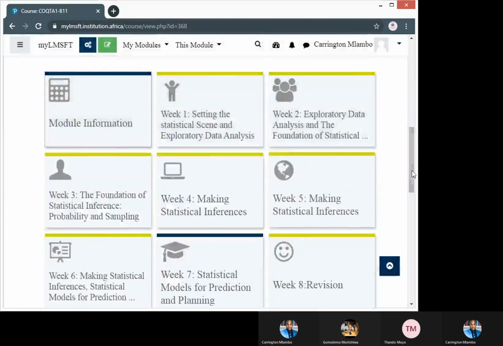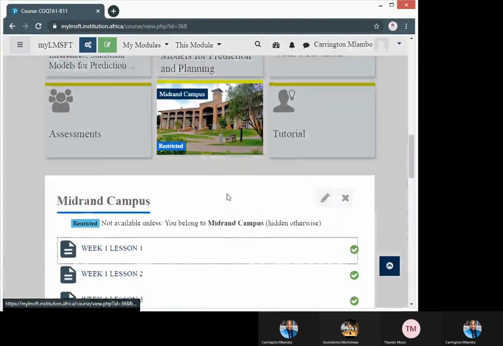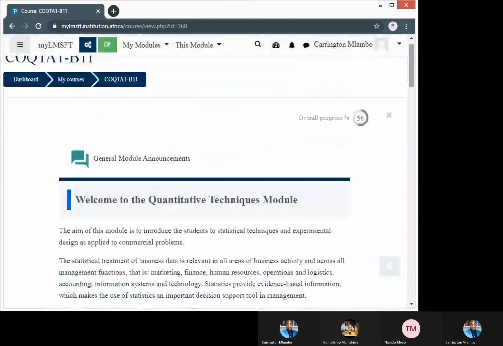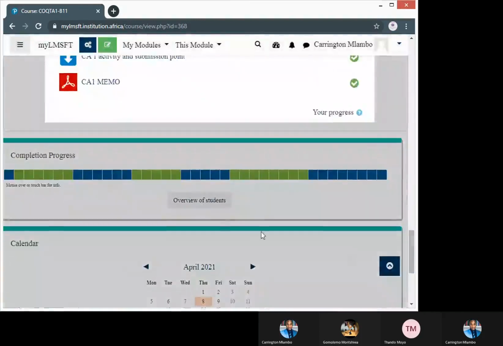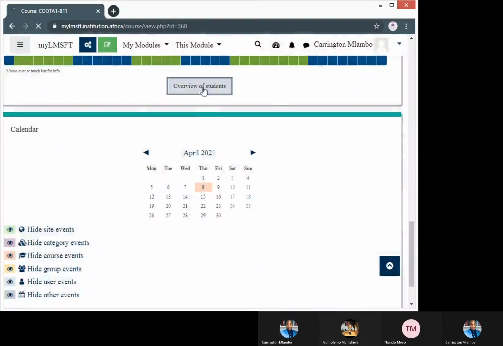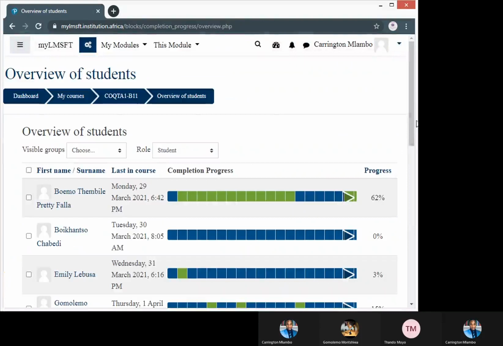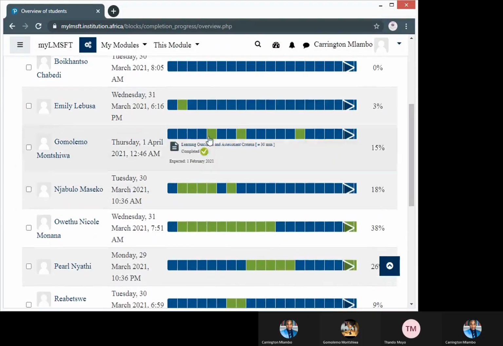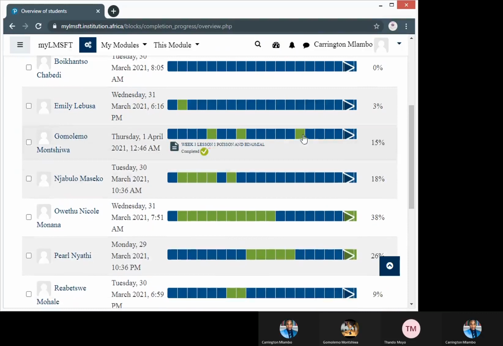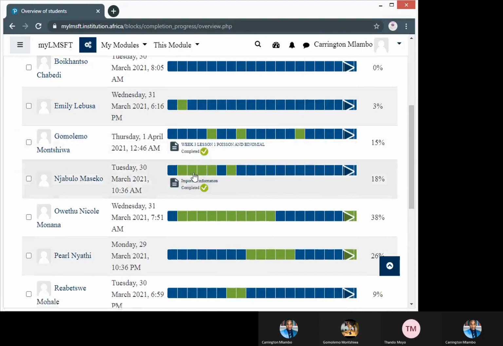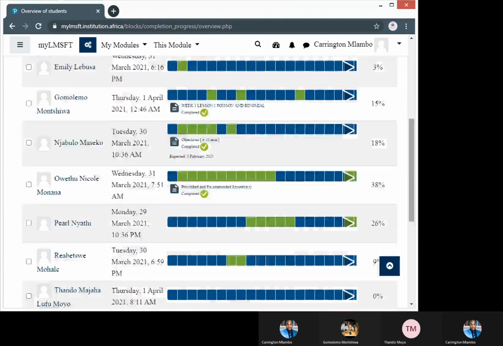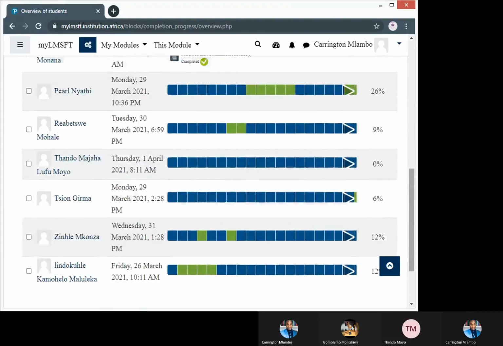Right. And please, I don't just put these things for nothing. And I wanted to show you that I can track what you are doing. For example, I see who has done anything. Gomolemo did this, read this, did that. This one did this. This one, nothing yet done there. It shows me. So don't tell me that I have done this.